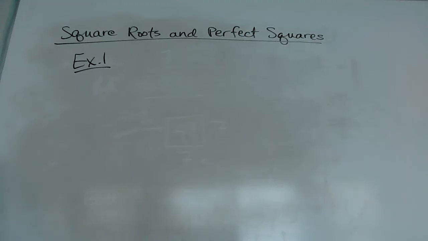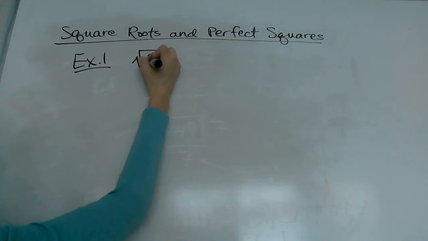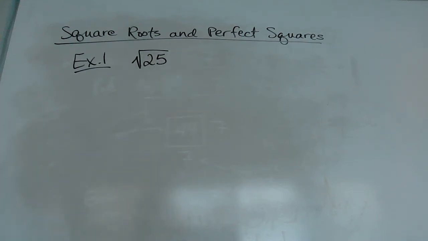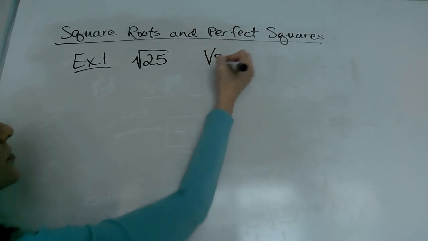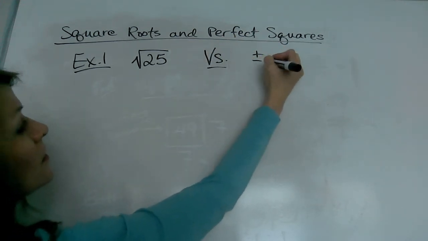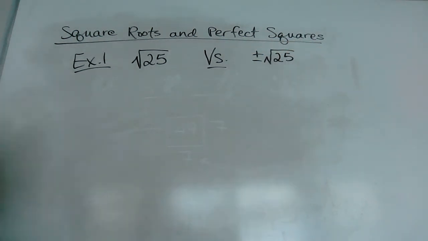Okay, so let's look at an example just to compare two different problems. We're looking at the square root of 25 versus the positive and negative square root of 25.